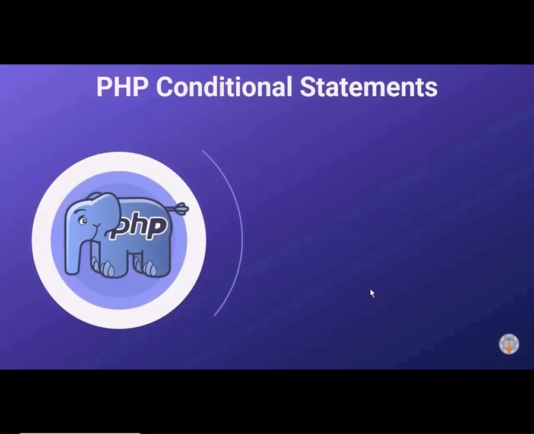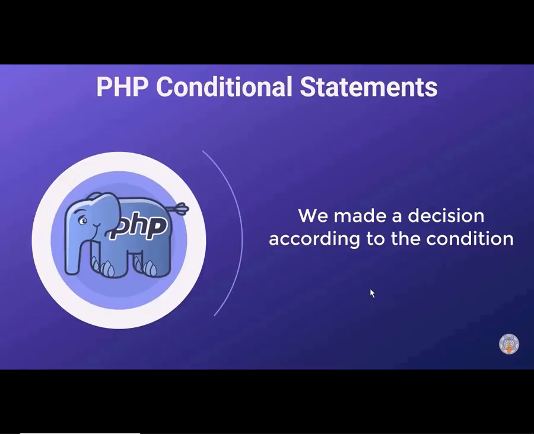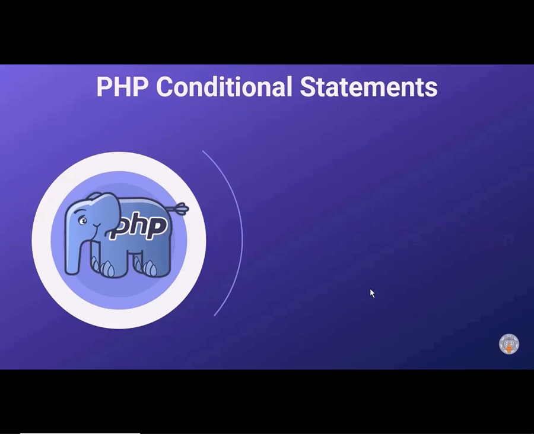Now we will look at PHP conditional statements. Whenever we think about decisions we make based on at least one condition, that is whether it is true or false, we make a decision according to the condition. For that purpose we use conditional statements in PHP.